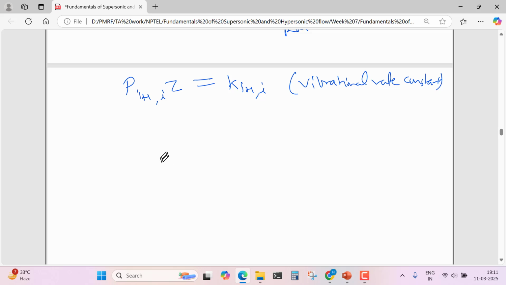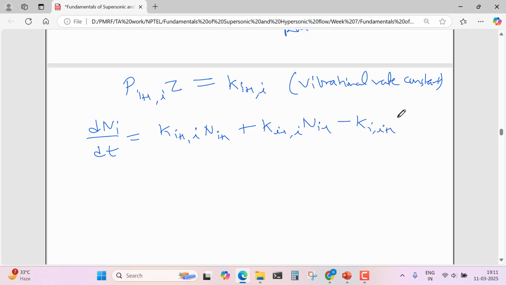So we will get dNi/dt equal to K(i+1,i) N(i+1) plus K(i-1,i) N(i-1) minus K(i,i+1) Ni minus K(i,i-1) Ni.